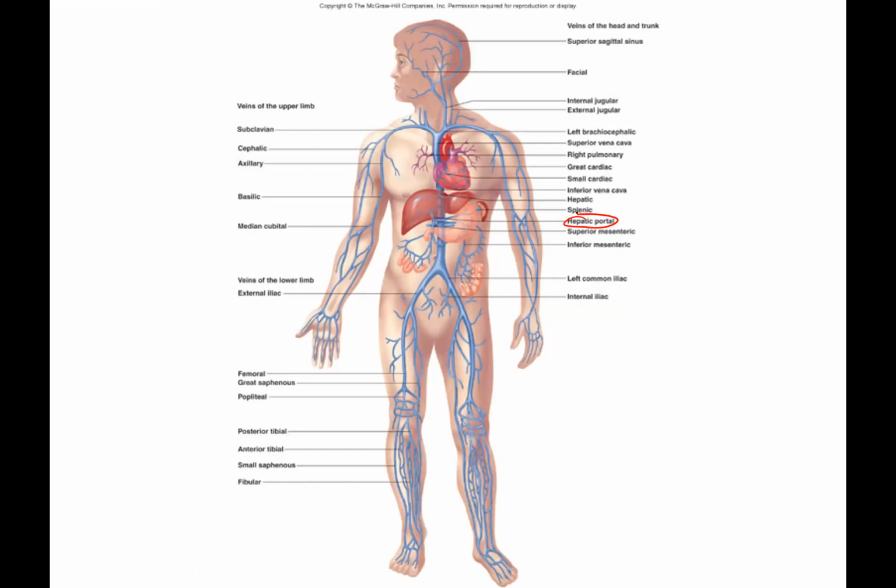The hepatic portal vein. All blood in your body has to go through the liver, and the hepatic portal vein is a major highway system for that.